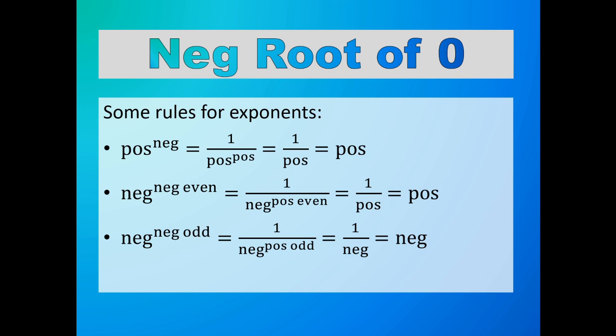Negative to a negative odd number is equal to 1 over negative to a positive odd number, which is equal to 1 over negative, because negative to a positive odd number is equal to negative times negative times negative, and so on, and we end up with an odd number of negative signs, and so that would be a negative. 1 over negative is equal to negative. And also, we explained earlier in the set of videos that 0 to a negative number is undefined.